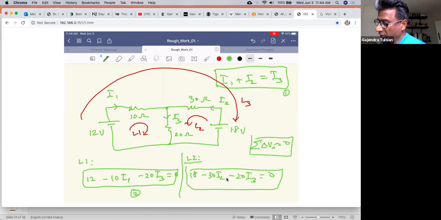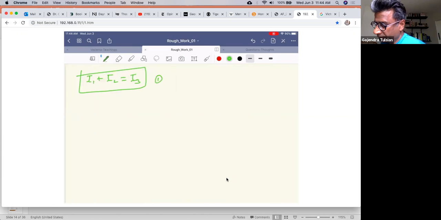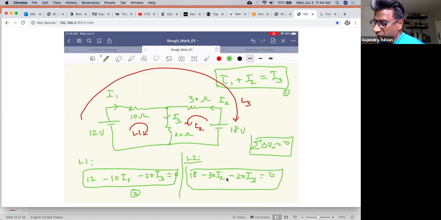Let me write these equations here. I1 plus I2 equal to I3. That is equation 1. This equation, I'll clean up, bringing the terms to the other side and dividing by 2.